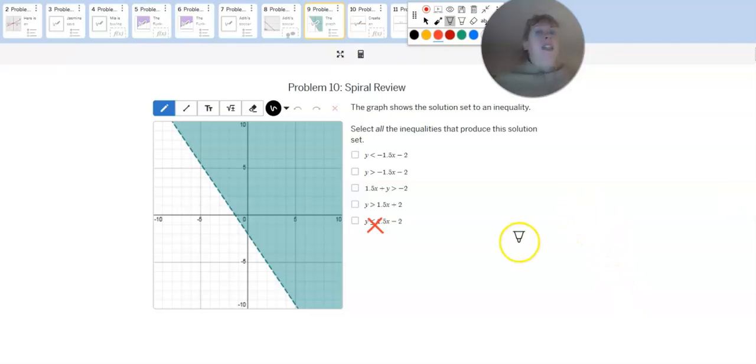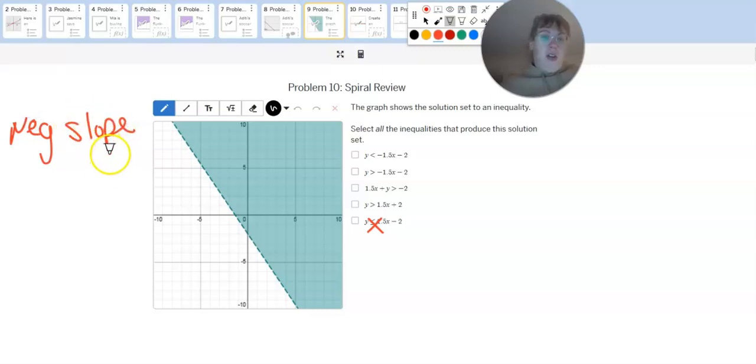We also see that this line has a negative slope. So whatever's in front of the x term has to be negative. Like this is a negative 1.5x, so that's good. So this one is a positive 1.5x. That's not going to work.